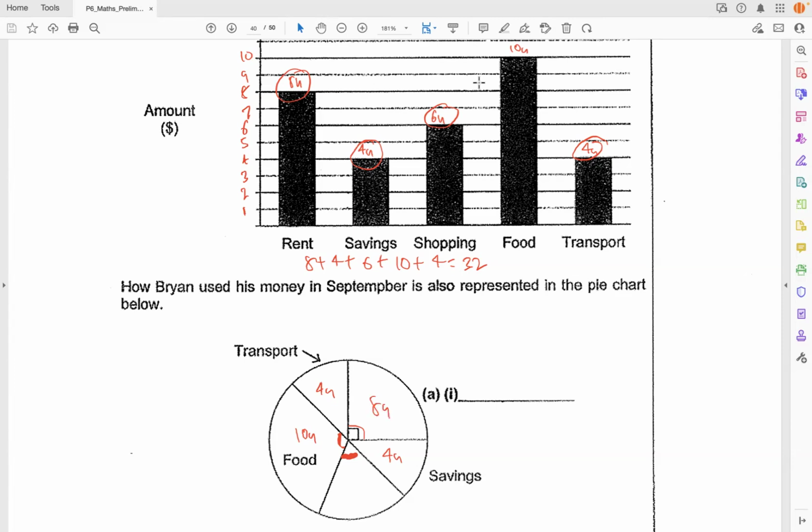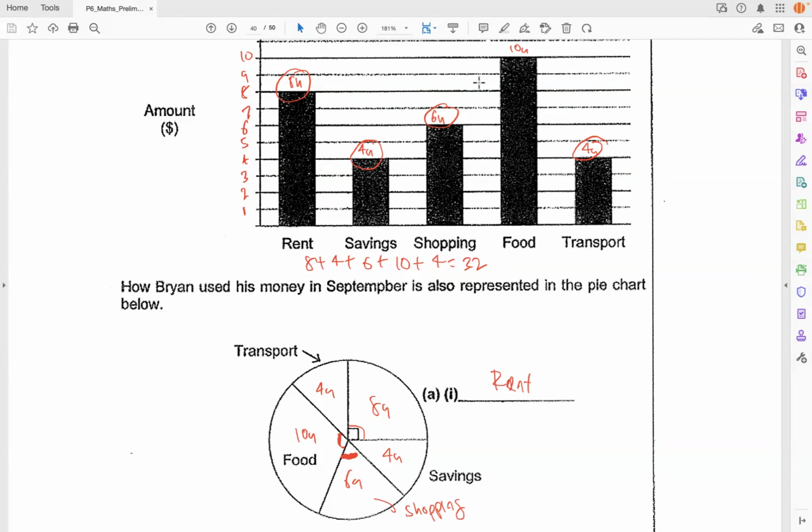The rest will be shopping, 6 units. So this is rent, and the other one is shopping. Just logical, all right? Any question?